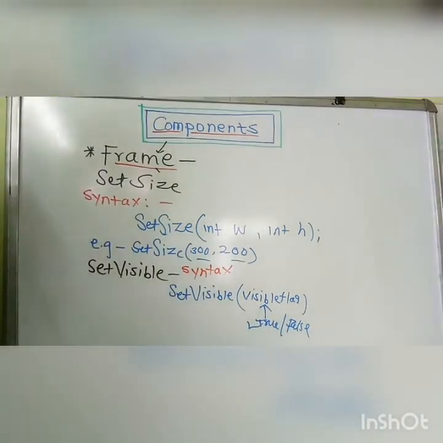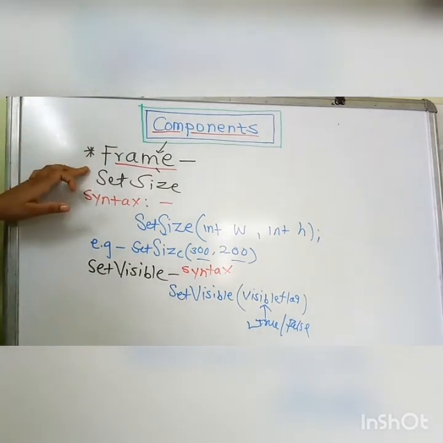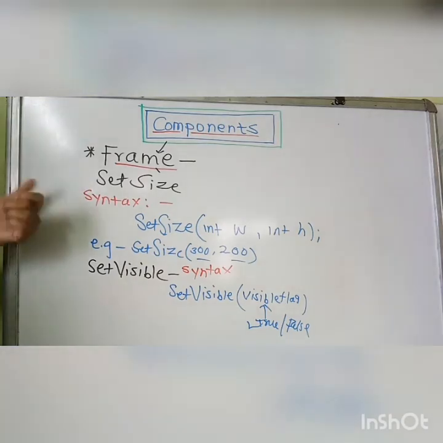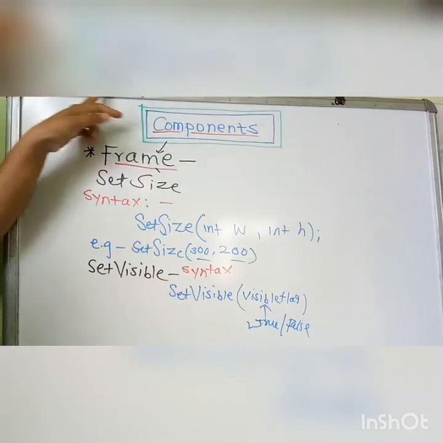So this is the simple mechanism behind the frame. What is a frame? It is one of the features of a component by which you can place your different components in it. It has two constructors, Frame and Frame with a title, which will be displayed in the uppermost portion.